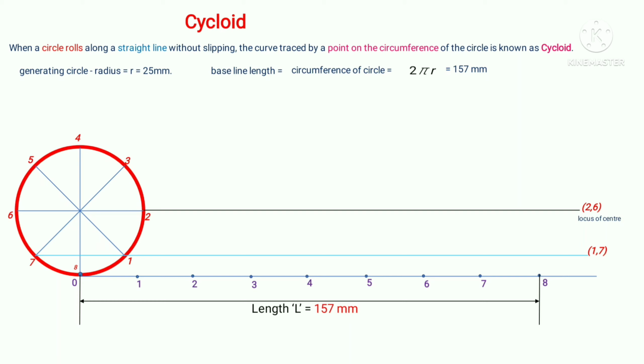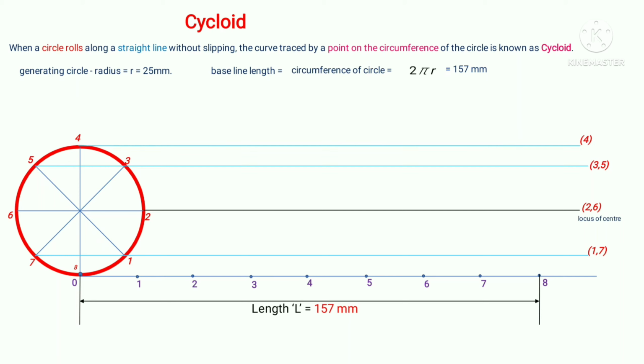Next we need to draw the locus line passing through the circle points 5 and 3, and at the end in brackets 3, 5 is noted. Now the last locus line passing through the circle point 4 has to be drawn, and this is the locus line, and in brackets 4 is marked.